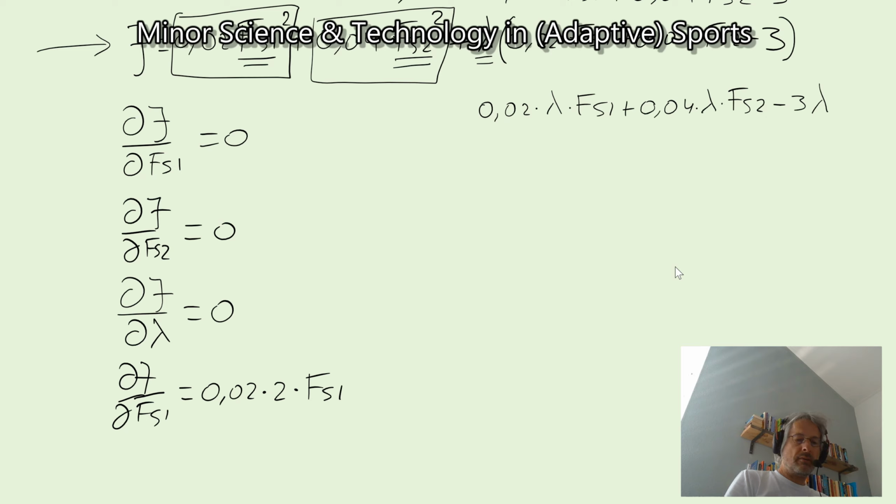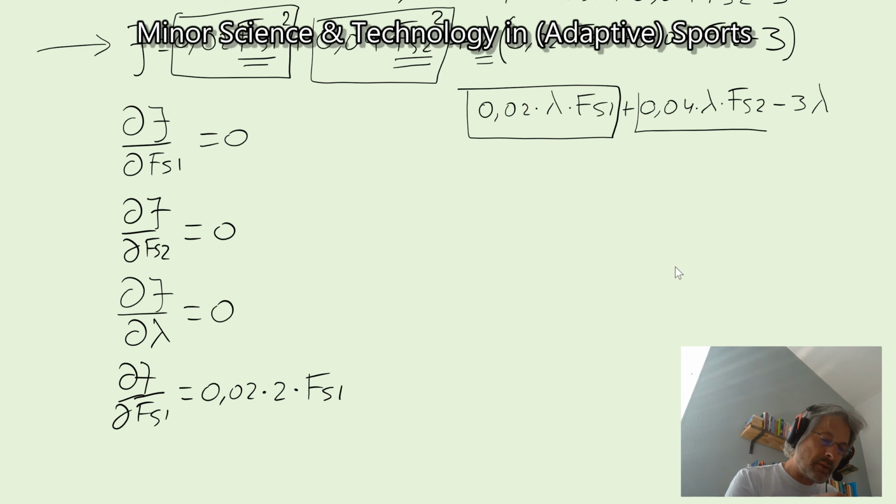That is if you get rid of the brackets. Okay, now here we have a term that contains Fs1. Here we have a term that contains both lambda and Fs2. But of course they are constants. So if you differentiate them, they will be 0.